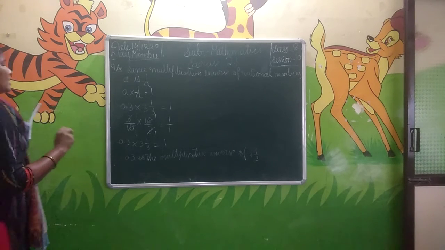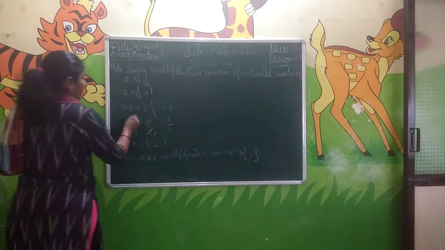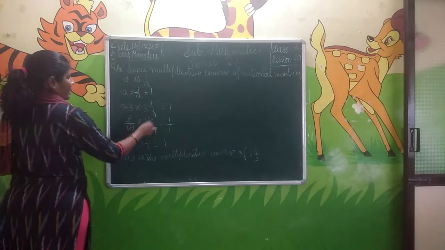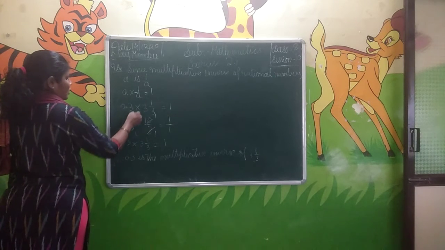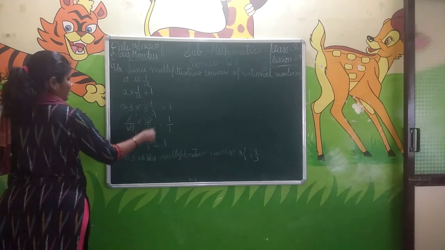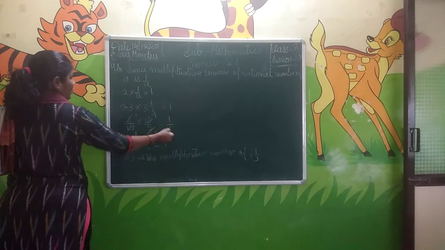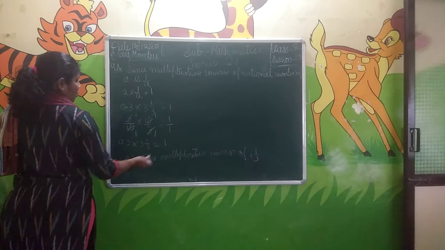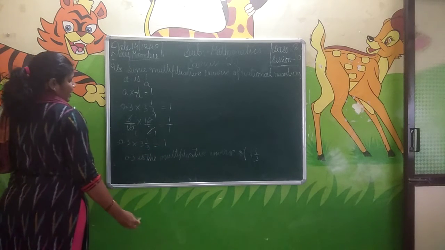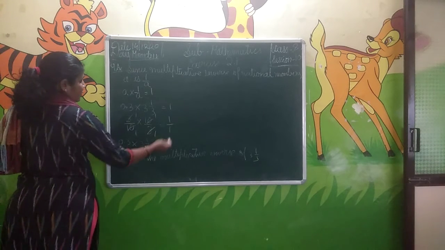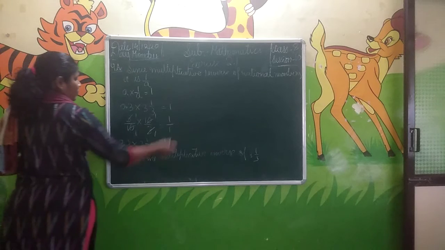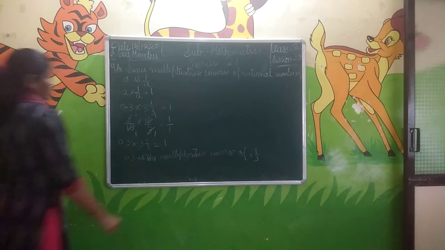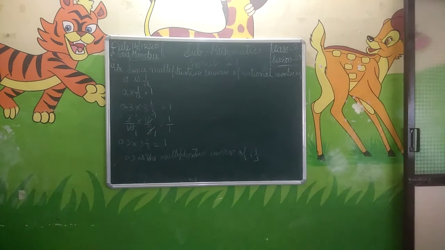To remove this decimal point we have taken 10 here, 3 divided by 10 into 10 divided by 3, cross cancellation, 3 ones are 3, 10 ones are 10, we got 1 by 1 as the answer. If 1 is the denominator it cannot be considered, we consider only the numerator 1. So 0.3 is the multiplicative inverse of 1 by 3.